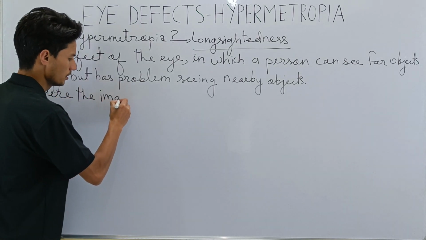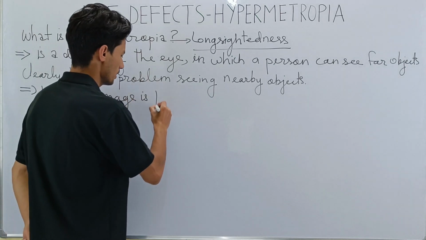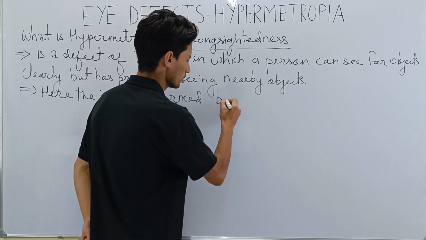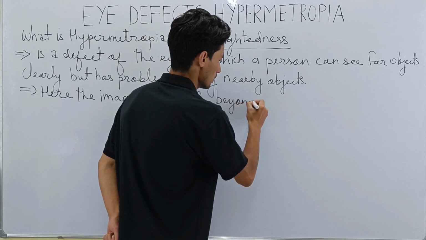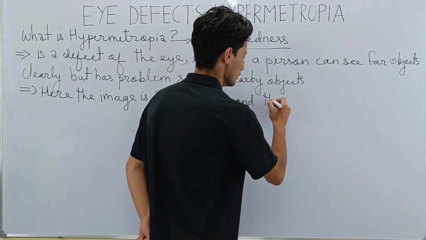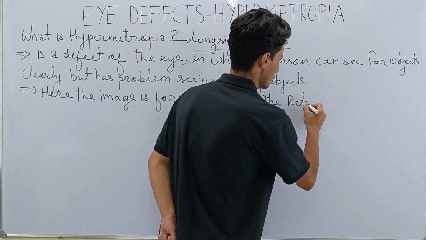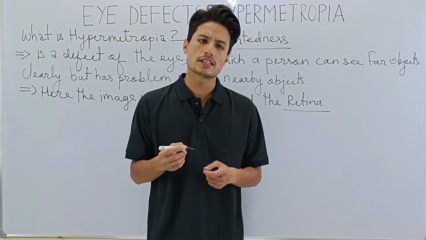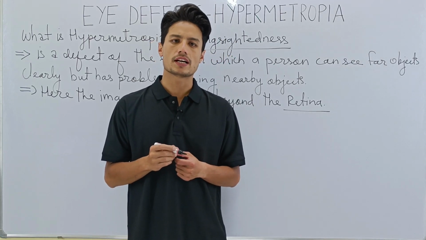Beyond means crossing the retina. Very important: in hypermetropia the image is formed beyond the retina.